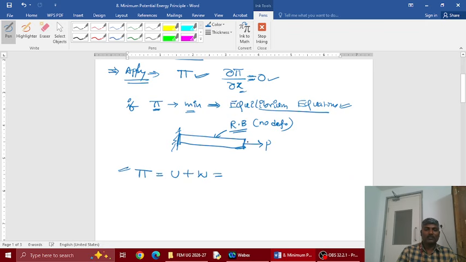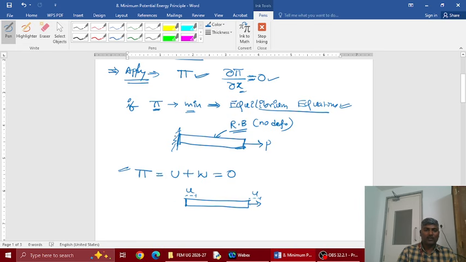Because this is a rigid body, internal energy is 0. Work done is force into displacement. For example, just imagine this bar is displaced by an amount u, let us say, from this point to this point.